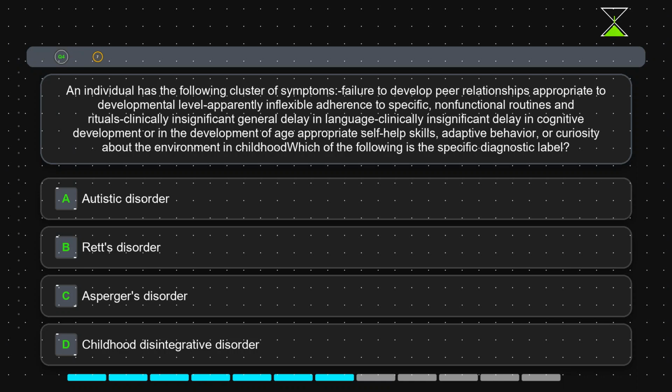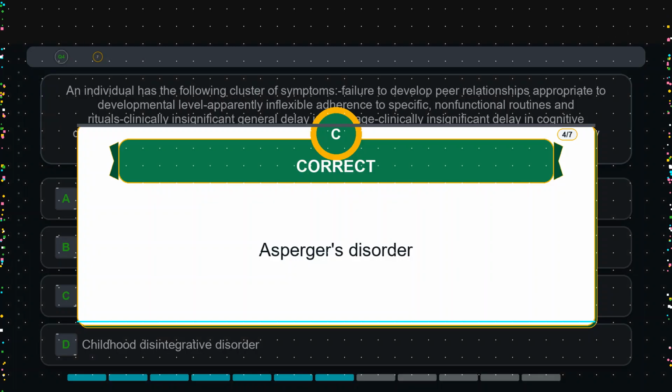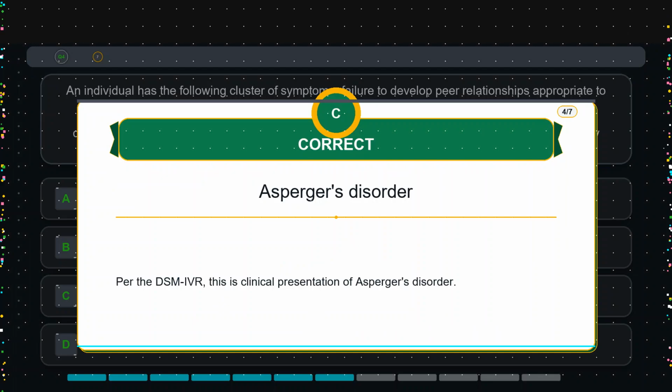Option A, autistic disorder. Option B, Rett's disorder. Option C, Asperger's disorder. Option D, childhood disintegrative disorder. The correct answer is Option C, Asperger's disorder. Explanation. Per the DSM-IV-TR, this is the clinical presentation of Asperger's disorder.